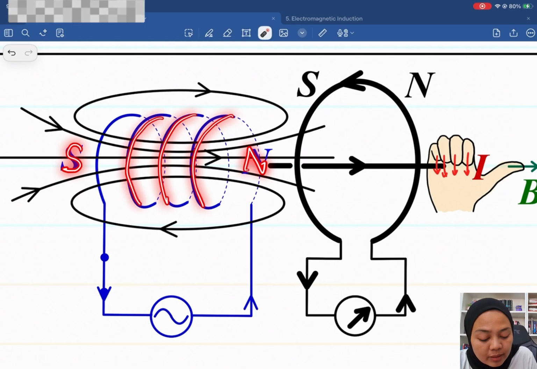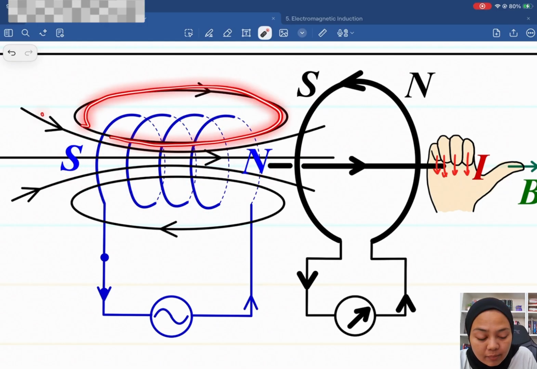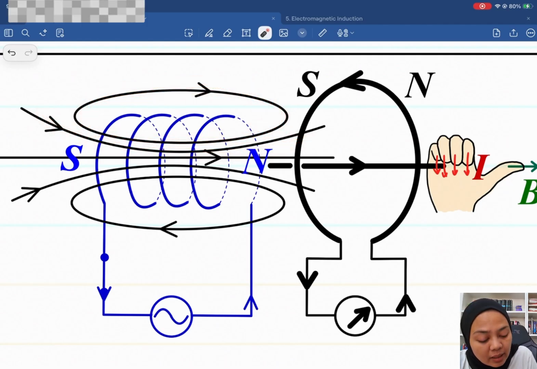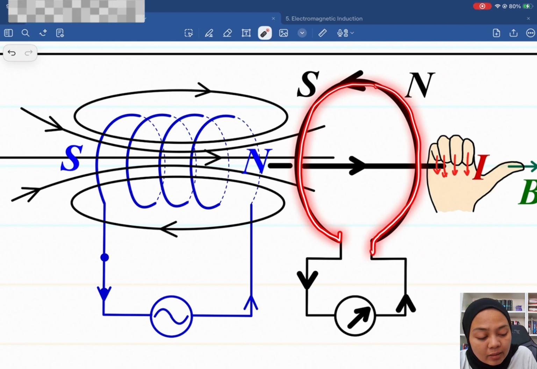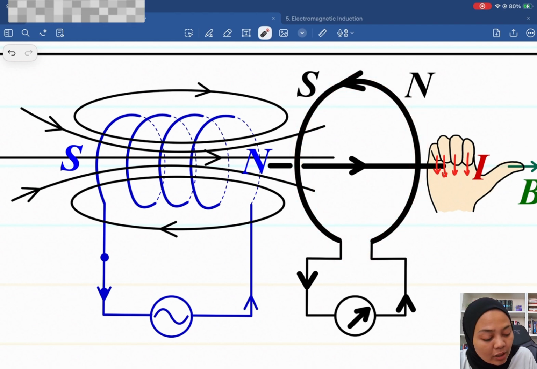Even though the south and the north of the solenoid are still the same, the intensity is changing, and this causes the secondary coil to not like these changes. And again, according to Lenz's law, because it opposes the change in the intensity of the flux, this time the coil will change its pole to south.